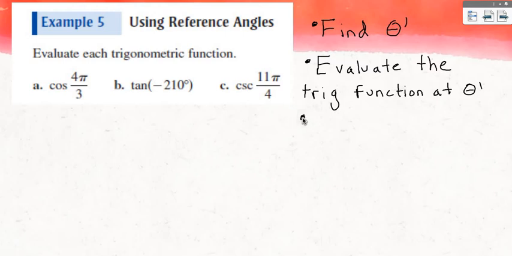And then lastly, we're going to choose the correct sign. So let's look at an example.